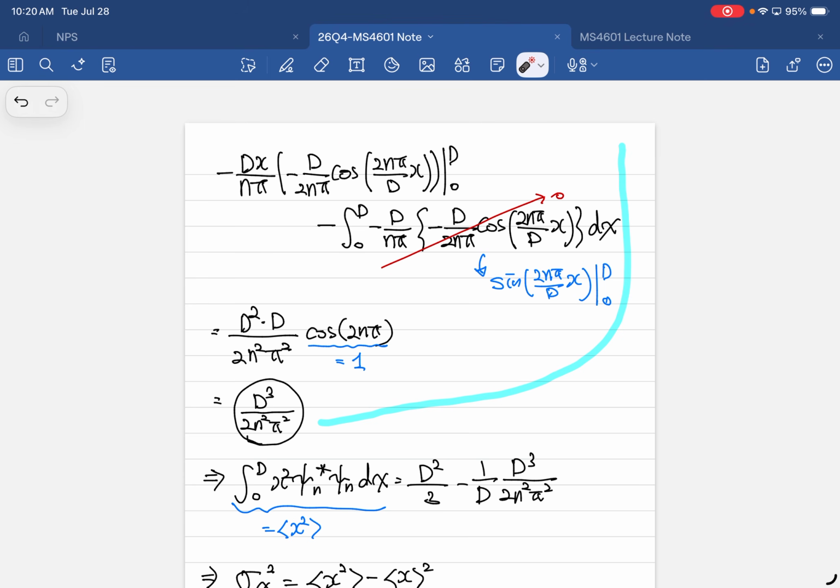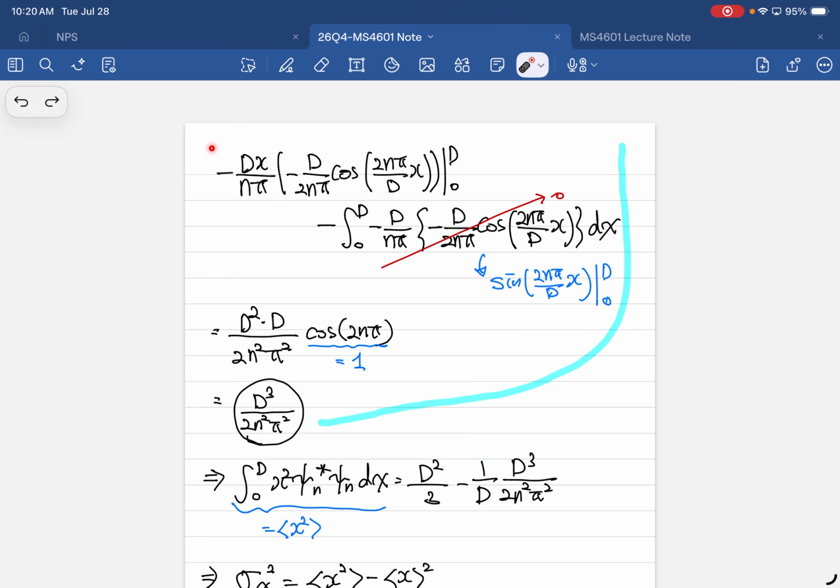Once you get that, you have to do integration here again, and cosine becomes sine. It turns out when you put d inside, there's a 0, and if 0 goes inside, the whole term goes to 0. Now you have to evaluate this one.